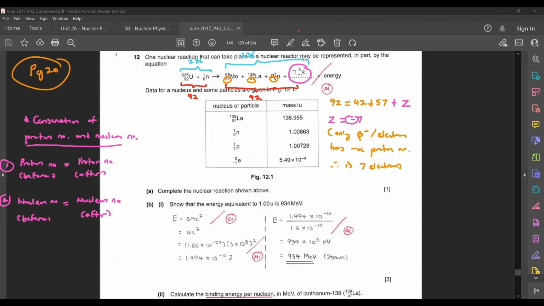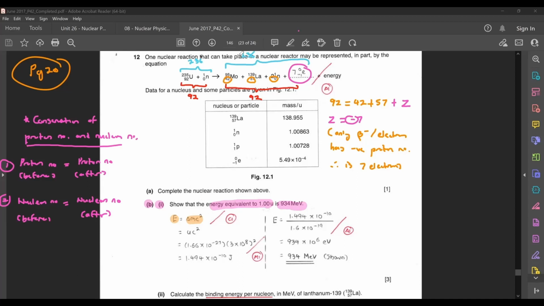Now, in part B1, show that the energy equivalent to 1 U is 934 mega eV. Show that this amount of mass has an energy equivalent to 934 mega eV. This one we already went through in the notes just now. When it comes to energy changes caused by mass changes, you will always use E equals delta m c squared.